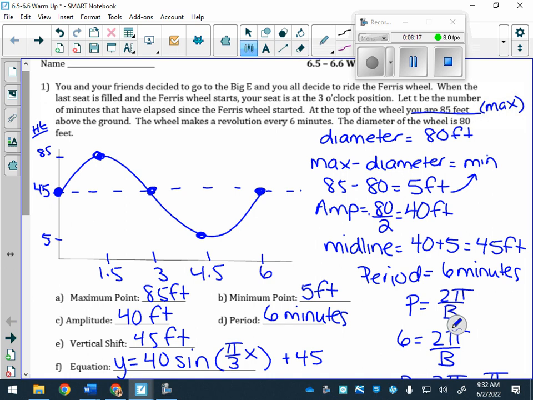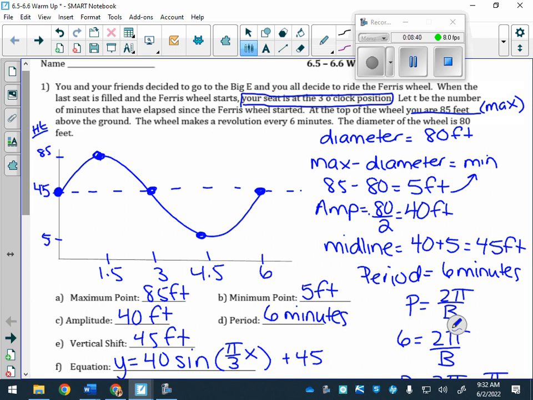Good. Now, how can we tell with this, what was some key information to determine if we are using sine or cosine? Yeah, Catherine. Yep. And that's going to be the difference between sine and cosine, okay, in terms of the Ferris wheel. You want to determine where you're starting. Yeah.